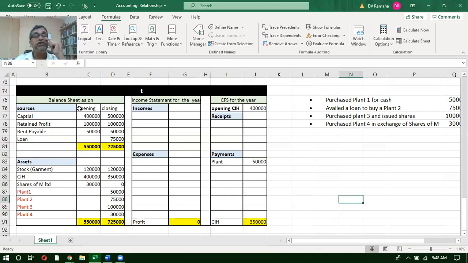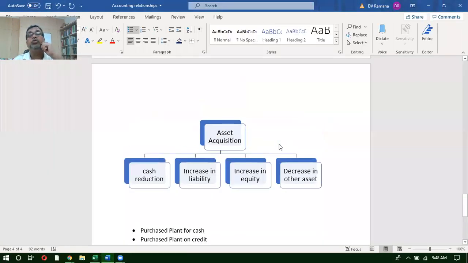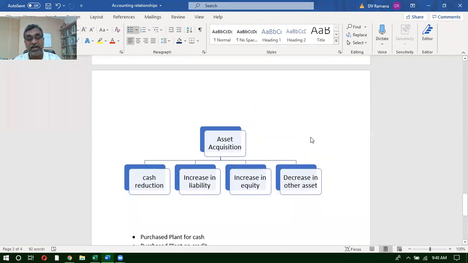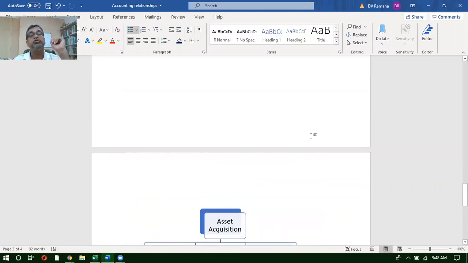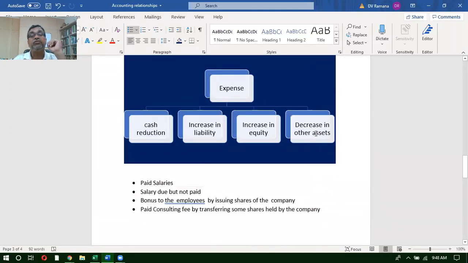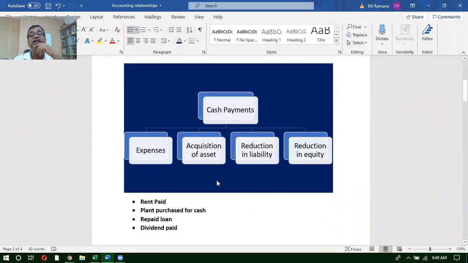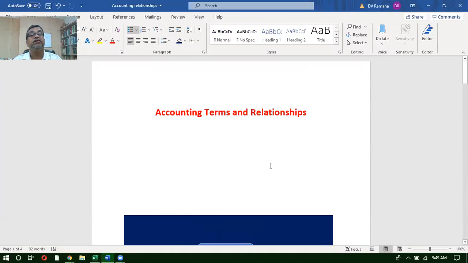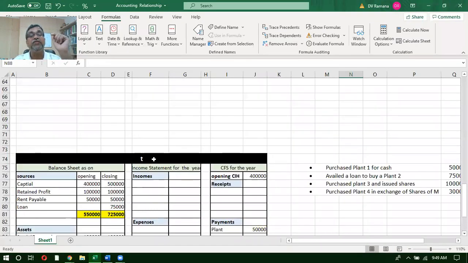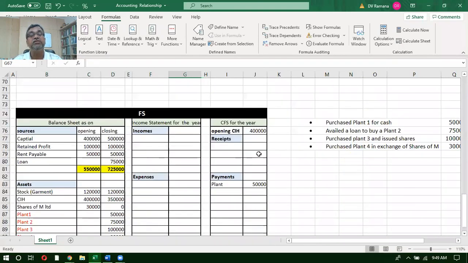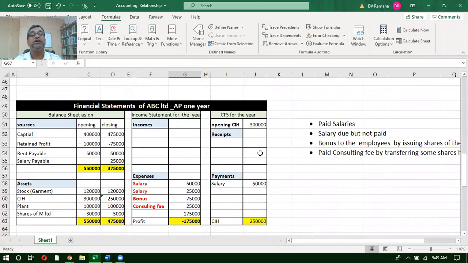So the objective of this session is to understand the relationship between various financial items like acquisition of asset, expenses, receipts, and payments. And that is why I explain some accounting terms and the relationship. The relationship becomes very clear in the financial statements: the balance sheet, income statement, and cash flow statement.